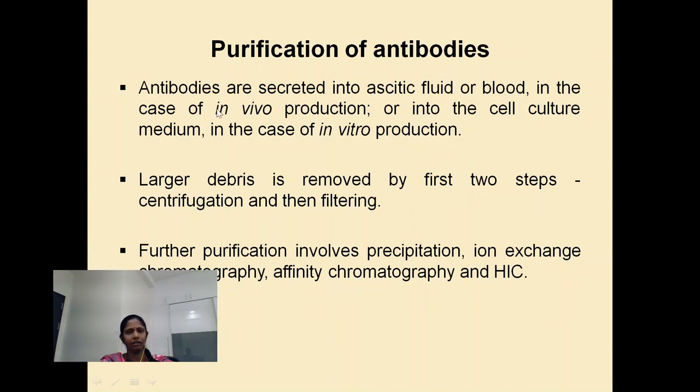In either case, larger debris, which includes dead and broken cells, is first removed by centrifugation followed by filtering. The filtrate is then further purified by methods like precipitation, ion exchange chromatography, affinity chromatography, or hydrophobic interaction chromatography.